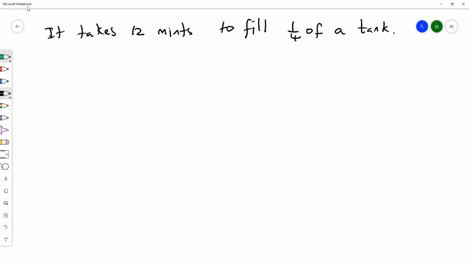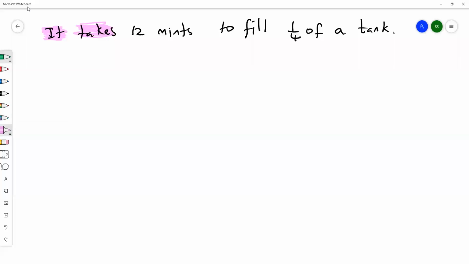It takes 12 minutes to fill 1/4 of a tank. Only two digital formats are here. This is not a digit, this is English. We are studying maths.